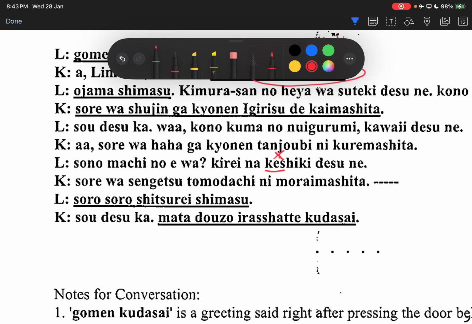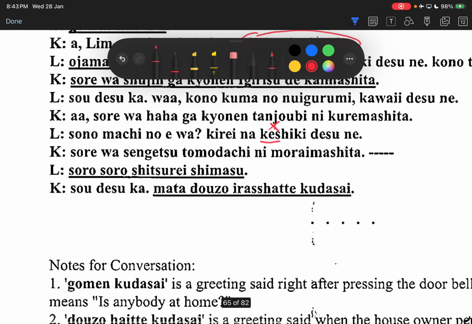Okay? K replies, それは先月. 先月 means? Anybody can guess? 月 month. Sen means last. In Chinese we say 前. So 先月, last month.